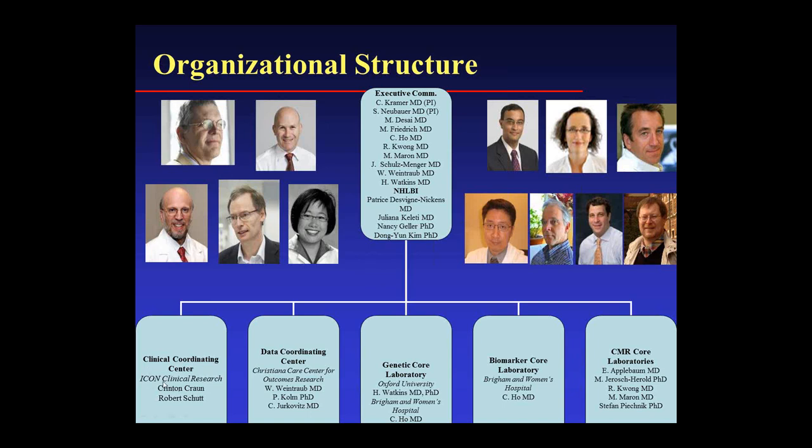ICON Clinical Research is the clinical research organization that will be helping us with data collection and data analysis. Dr. Raymond Kwong from the Brigham is in charge of the Cardiac Magnetic Resonance Core Laboratories, and there are other investigators, some of whom you recognize, Melinda Desai from the Cleveland Clinic, Martin Marin from Tufts, who are all involved in the executive committee of this important study.